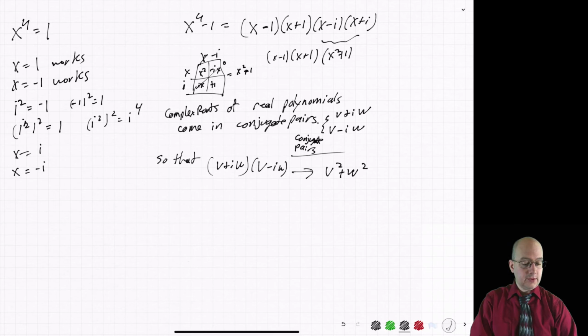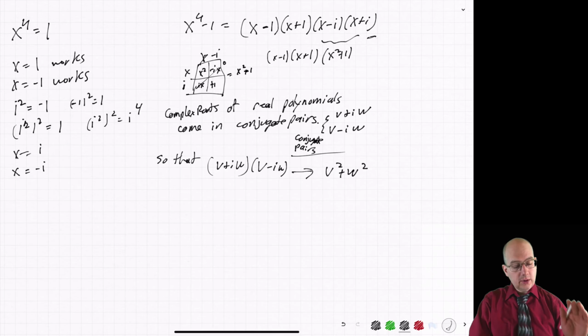All right, so the coefficient over here was 1, and w was 1, basically. And so 1 squared and 1 squared, and that's what you get.